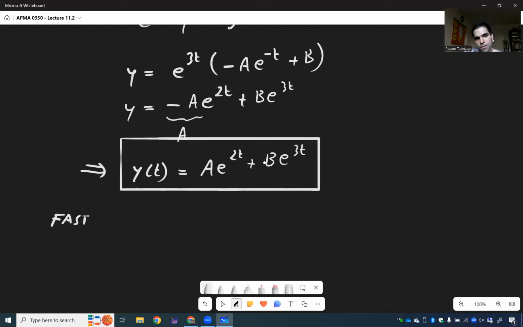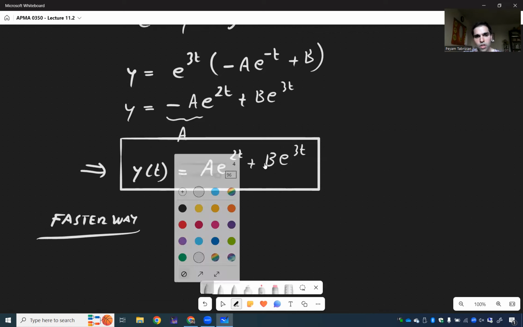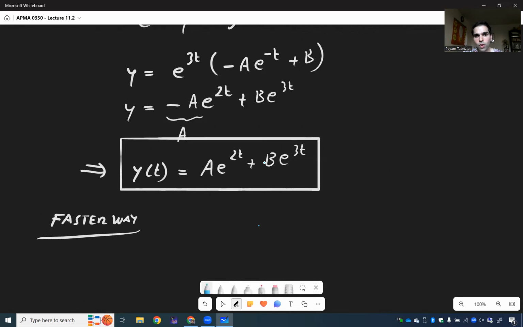Now, here's a faster way. Because notice, we do have those two exponents, 2 and 3. And you may wonder, where do they come from? They actually just come from factoring out the differential equation.